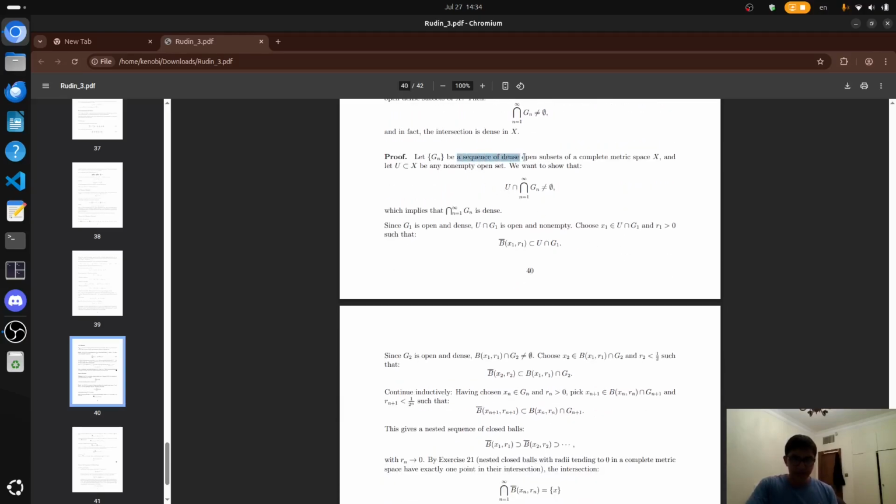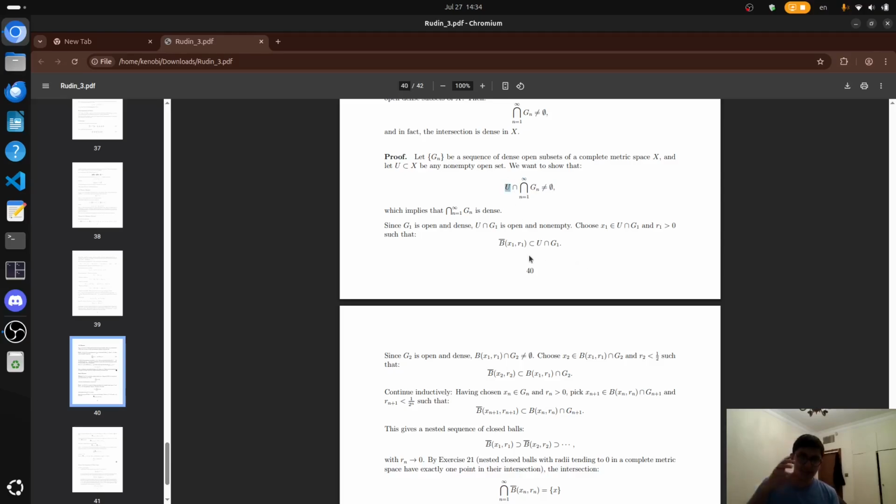Let Gn be a sequence of dense open subsets of a complete metric space X, and let U in X be a non-empty open set. You want to show that U intersection the intersection over n equals 1 to infinity of Gn is not empty. So we're basically taking a non-empty set to show that this is not empty.